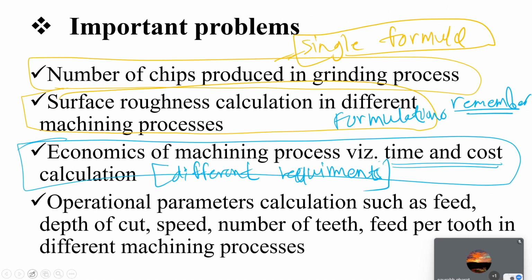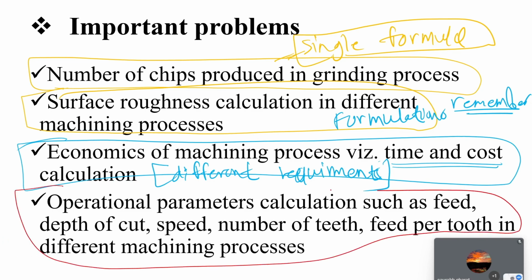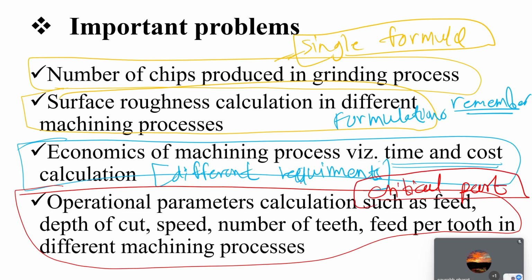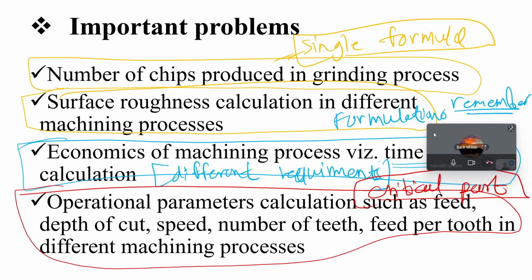I'm going to show you the grade mark. So this formula you must consider. This is again a critical part. The depth of cut, speed, number of teeth, feed per tooth in different machining processes. So this is the critical part: how the feed is calculated. Mostly formulas to remember.